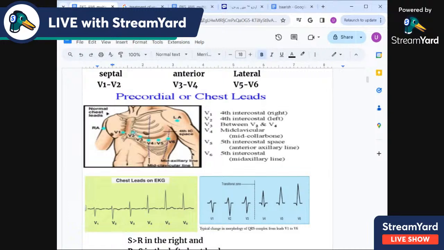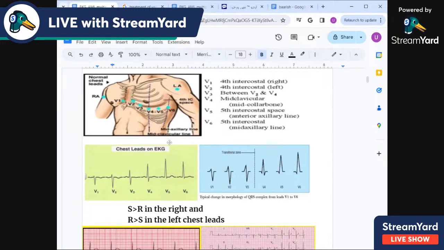Chest lead V2 is in the fourth intercostal space, but to the left of the sternum. Chest lead V4 is in the mid clavicular line in the fifth intercostal space. Chest lead V5 is in the fifth intercostal space in the anterior axillary line, and chest lead V6 is in the mid axillary line in the fifth intercostal space.